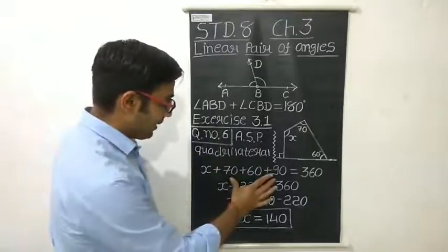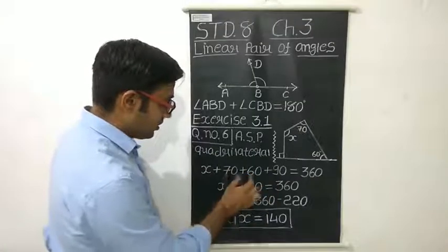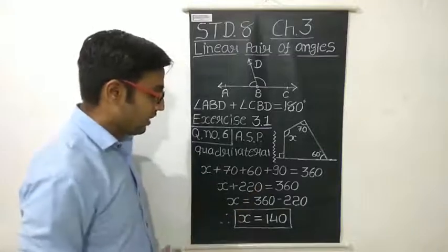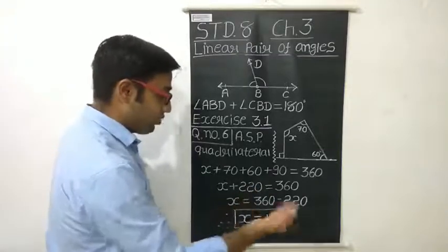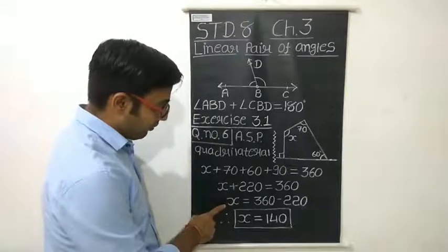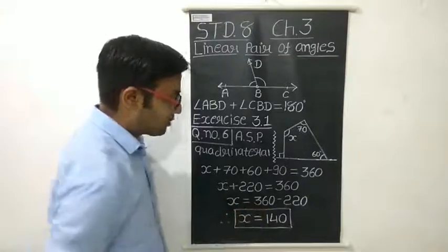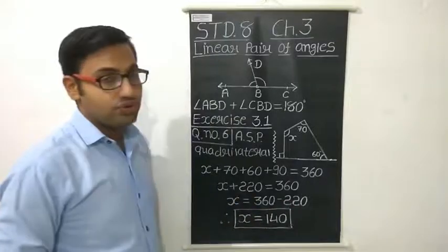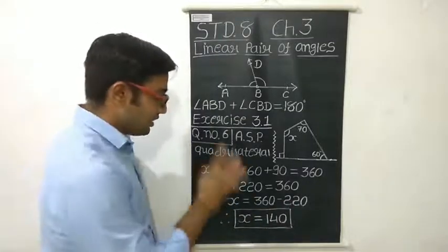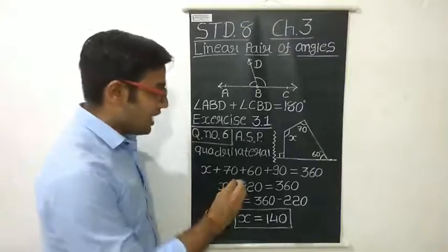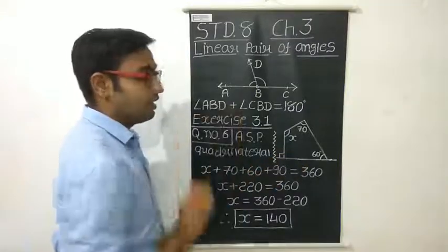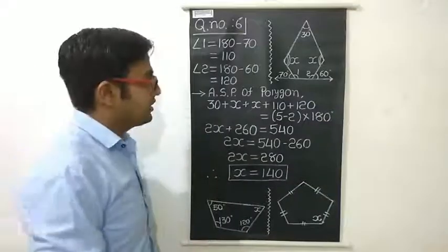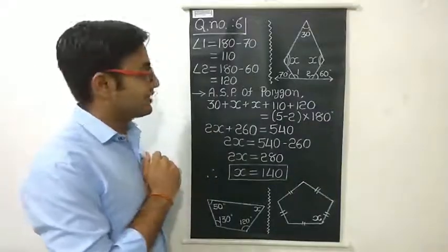By simplifying, we get x plus 220, since the addition of these three is 220, on the left and 360 on the right. Taking 220 to the right-hand side, x is equal to 360 minus 220, and after subtraction, x is equal to 140, right? In this way we can find any angle given in variable form. Okay, let us understand one more example.